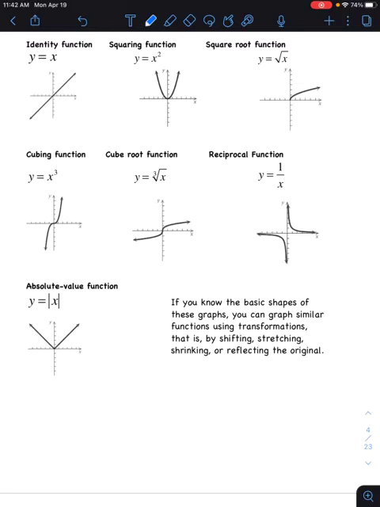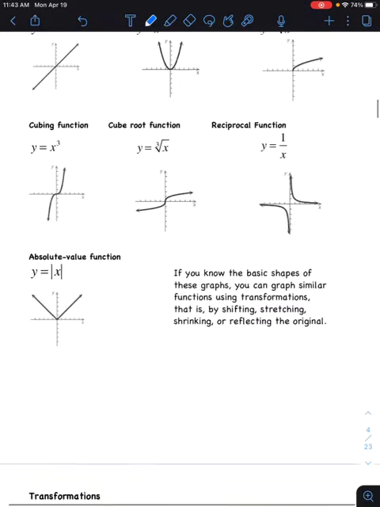So y equals absolute value of x. So when it says here, if you know the basic shapes of these graphs, you can graph similar functions using transformations, that is by shifting, stretching, shrinking, or reflecting the original. Remember, reflecting means flipping over, or also known as upside down in a way.